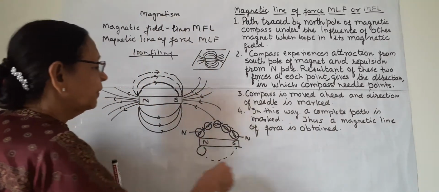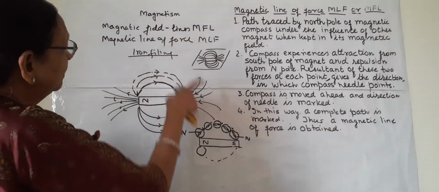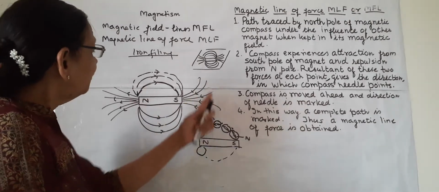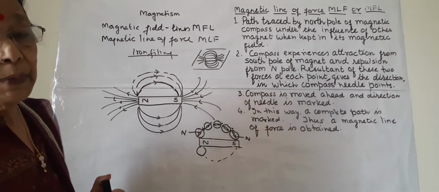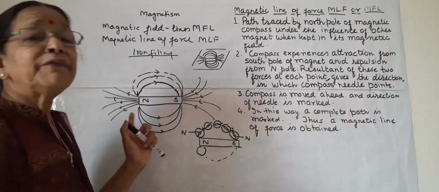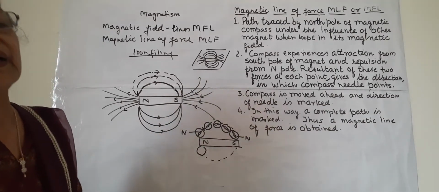In this way, we obtain magnetic lines of force, and the shape is somewhat like this. The shape of these lines differs from magnet to magnet. According to the shape of the magnet, the shape of the field, the shape of these magnetic lines, is also different.